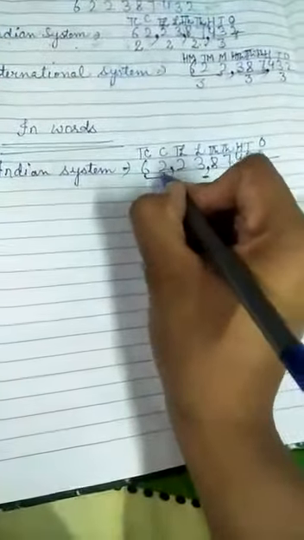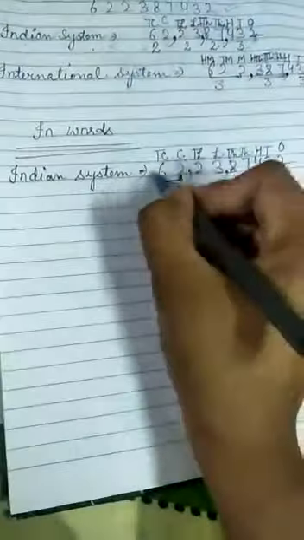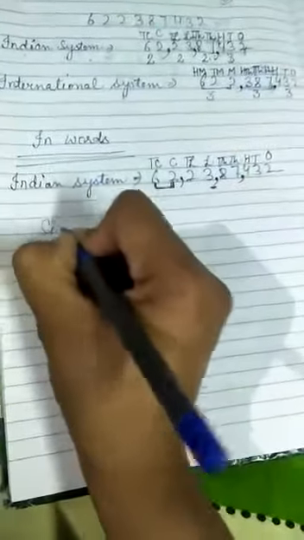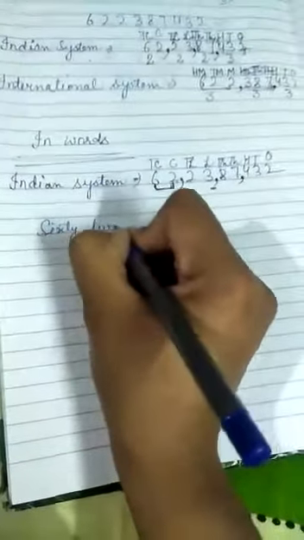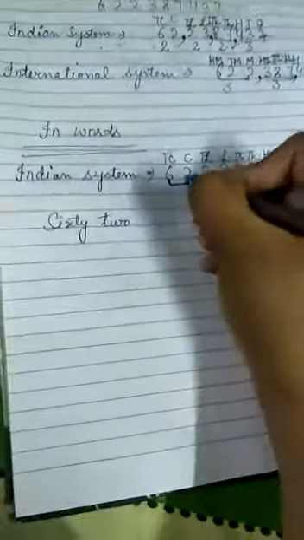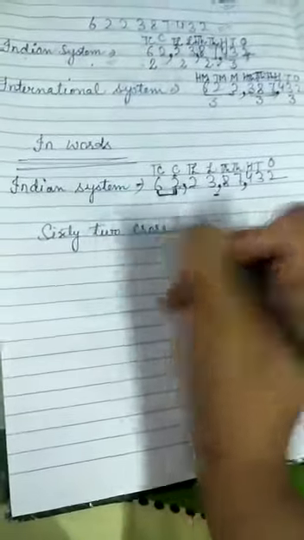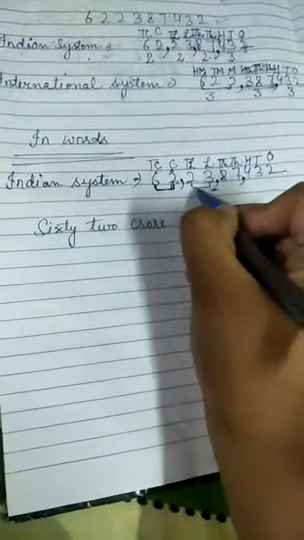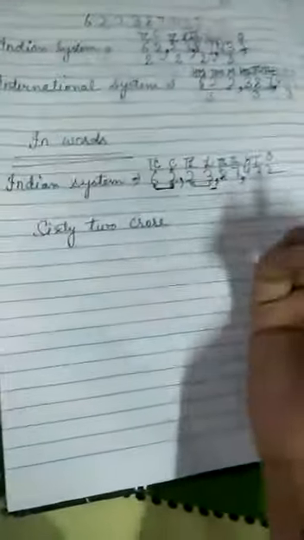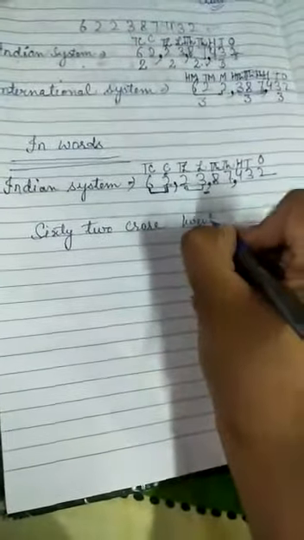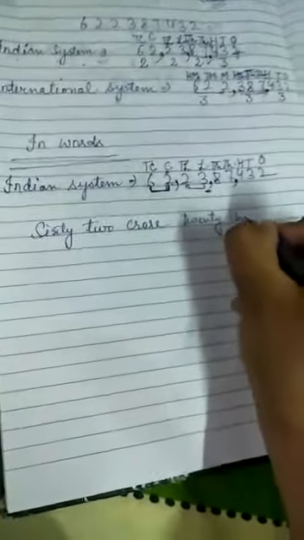So how can we write this in words? As you see, these 2 digits are called 62. We know that this number is 62. Simply write 62. And the period of the 2 is crore. We have to write crore. And what do we call these 2 digits? We say 23.